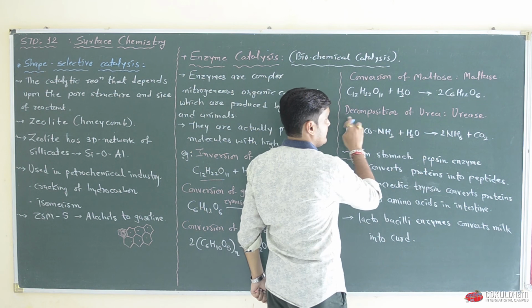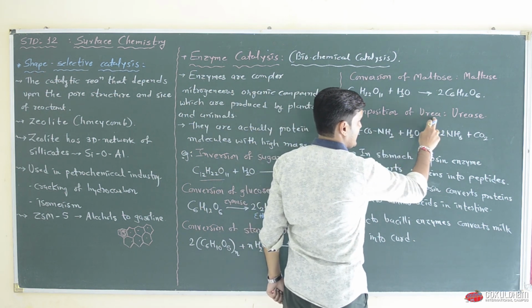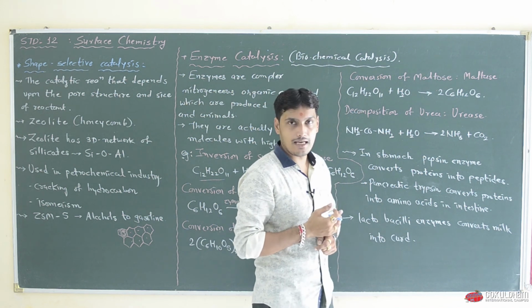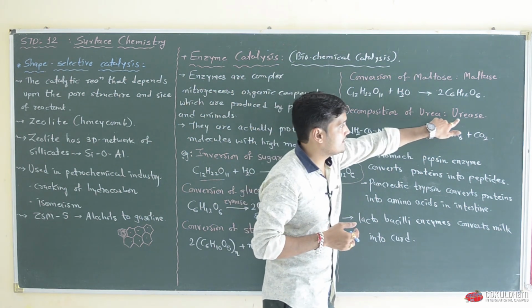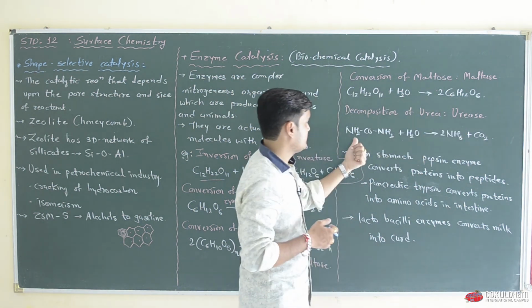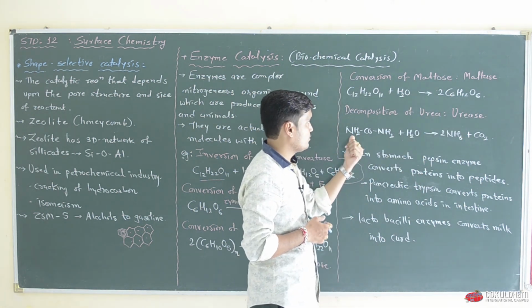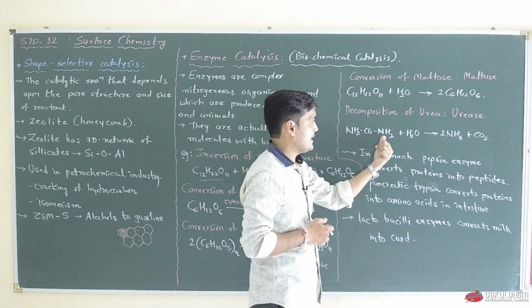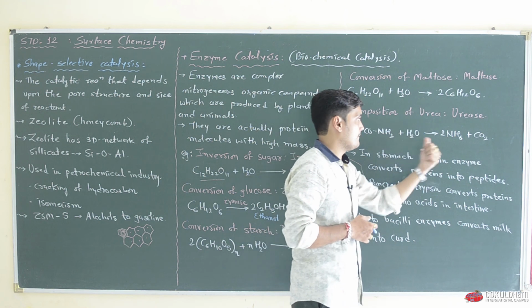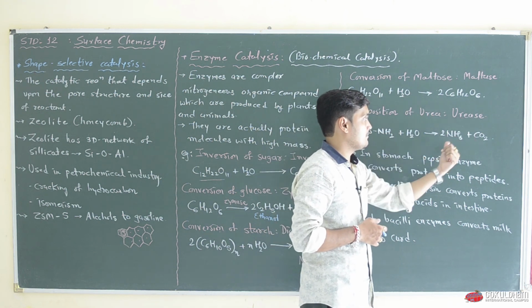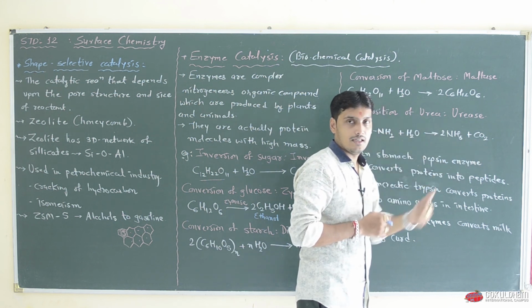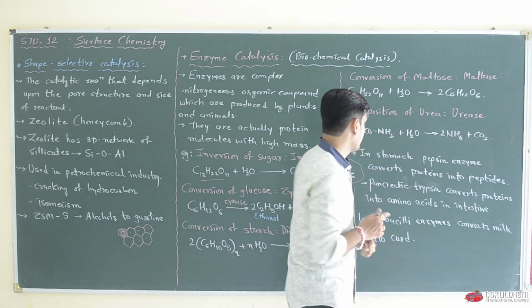Another example, decomposition of urea into ammonia and carbon dioxide, and the enzyme used is urease. Okay, this is the molecular formula of urea, NH2CONH2, and if we hydrolyze this urea by urease enzyme, we will get 2 moles of ammonia and 1 mole of carbon dioxide.